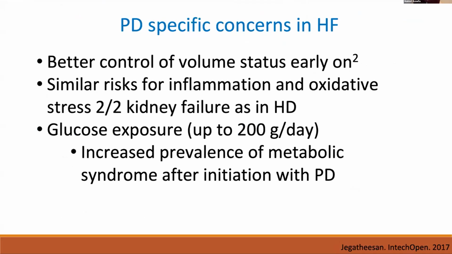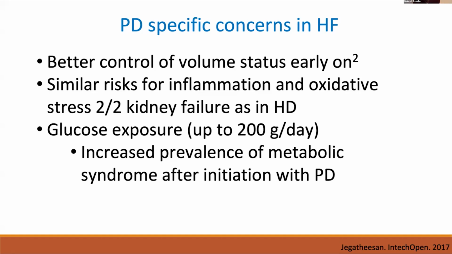There's a lot of literature on the benefits of PD early versus late. As I mentioned earlier, with gradual UF, does that mean PD allows for improved preservation of residual kidney function earlier on, and therefore better control of volume status early on? But as they lose their residual kidney function, their peritoneal membranes change.